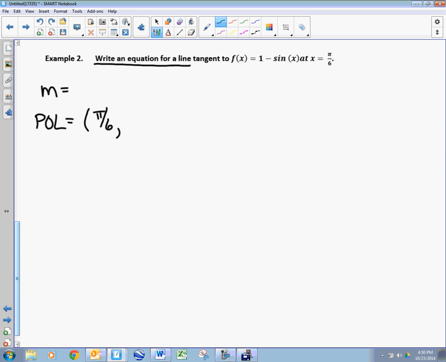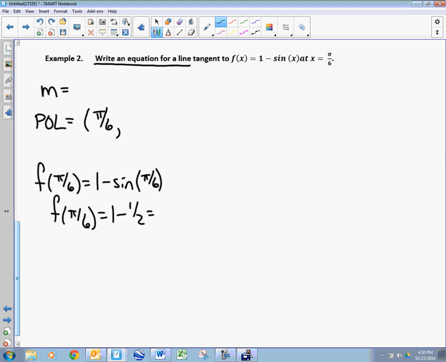How do I come up with the y value? I plug it in. F of pi over 6 is equal to 1 minus sine of pi over 6. On your calculator, when you plug this in, obviously you have to be working in radians. Hopefully you don't have to plug it in your calculator. You remember that sine of pi over 6 is 1/2, so we get 1/2. Slope. How do we determine the slope? Well, the slope is equal to f prime of x, so I need to find the derivative.